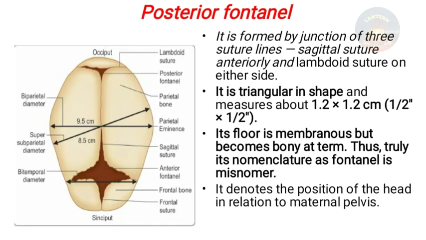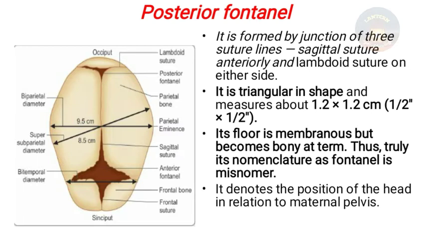Now we are discussing the posterior fontanelle. It is formed by the junction of three suture lines, that is the sagittal suture anteriorly and the lambdoid sutures on either side. So its shape is triangular, and the measurement is 1.2 into 1.2 centimeter, that is almost half into half inch. Its floor is membranous but becomes bony at term.